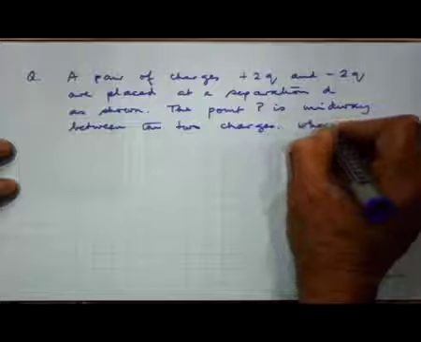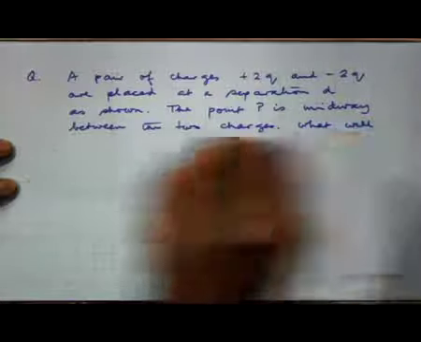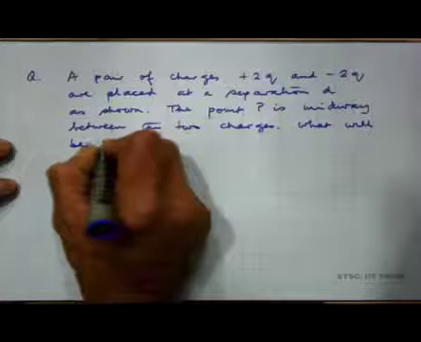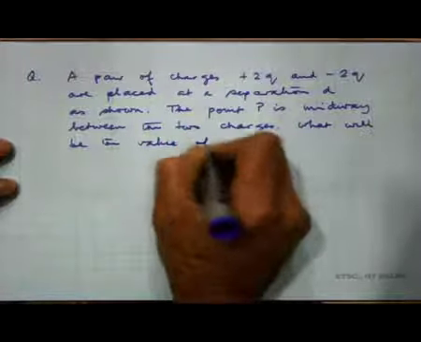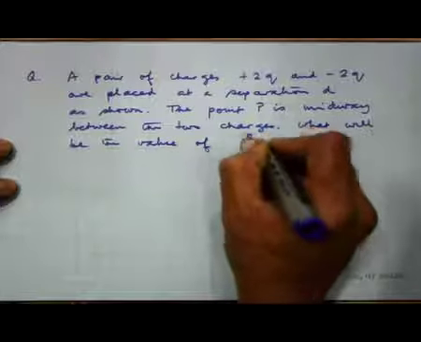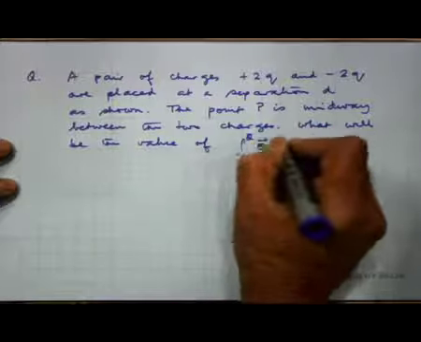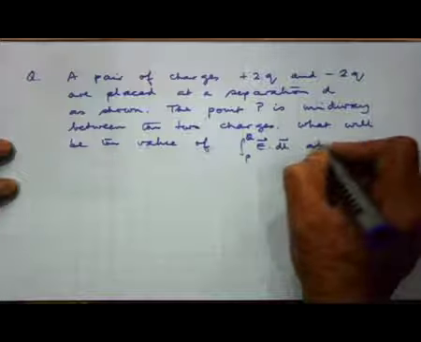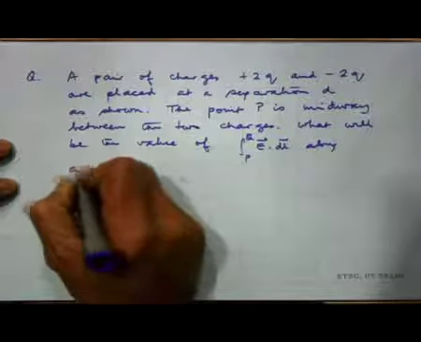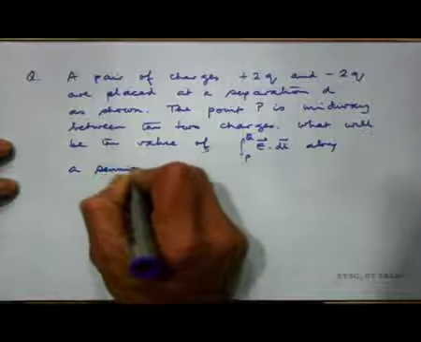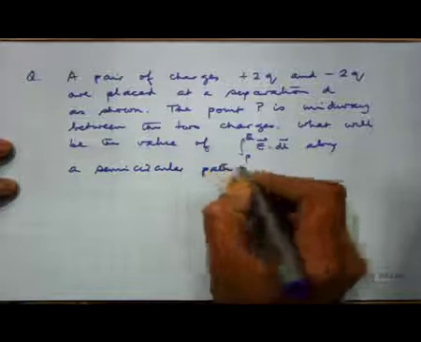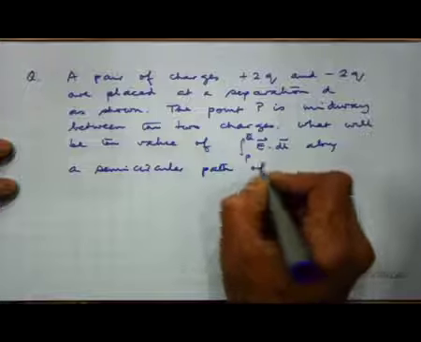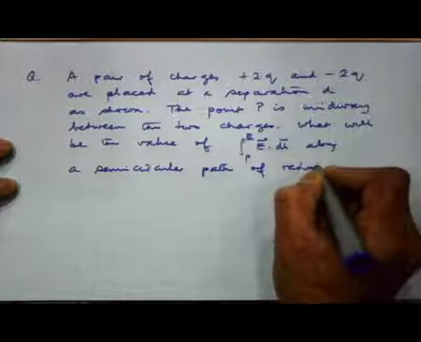What will be the value of integral P to Q E dot dl along a semicircular path of radius d by 2?